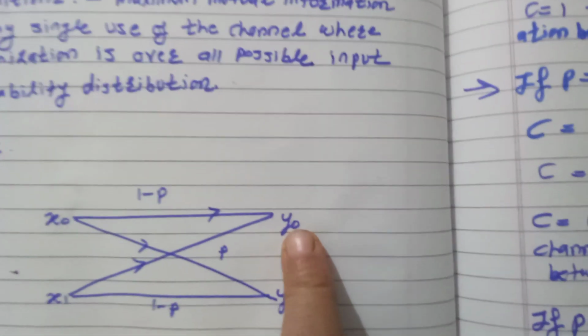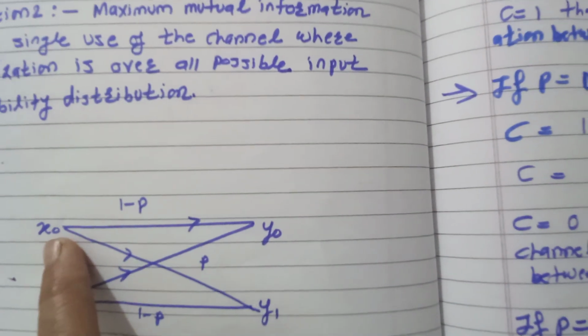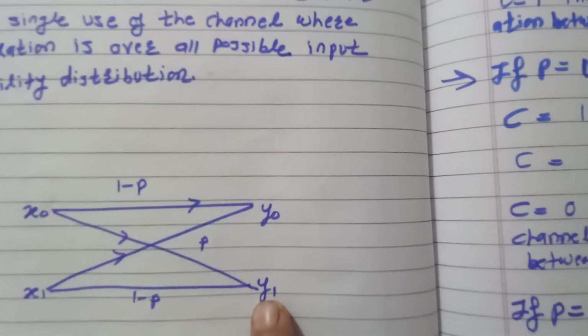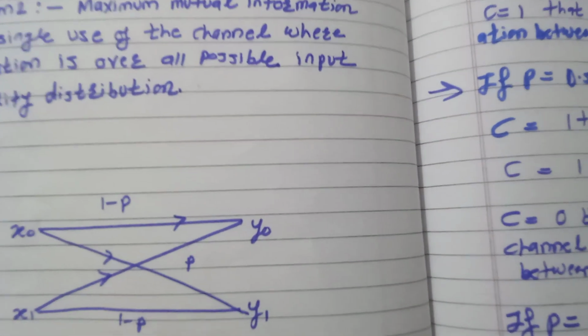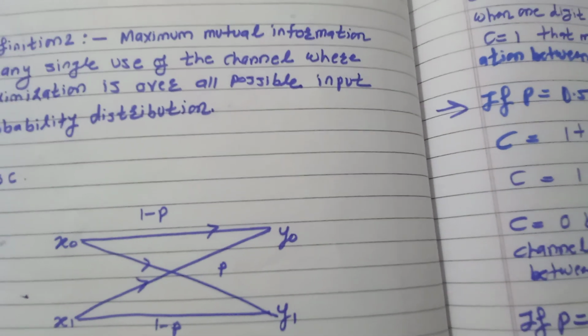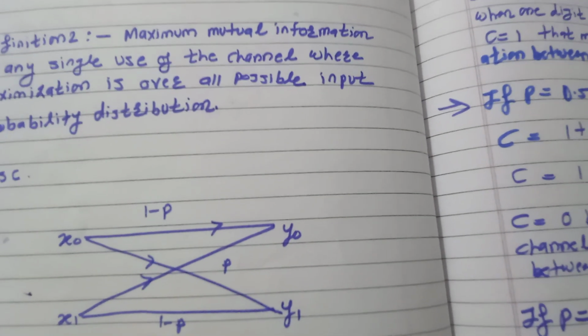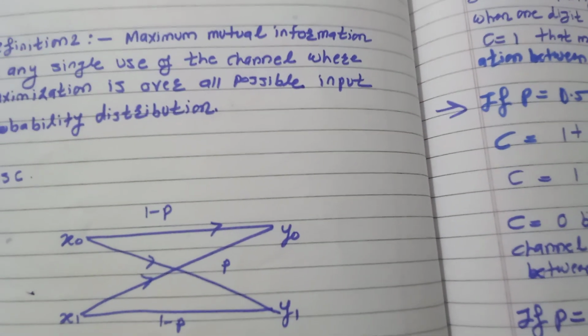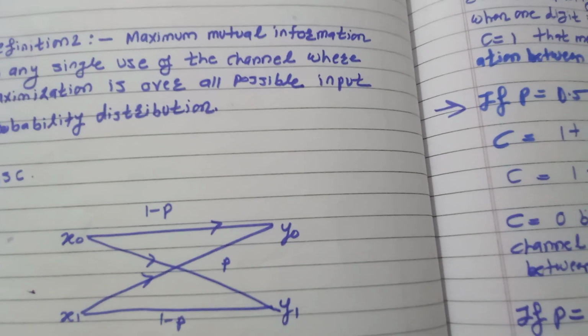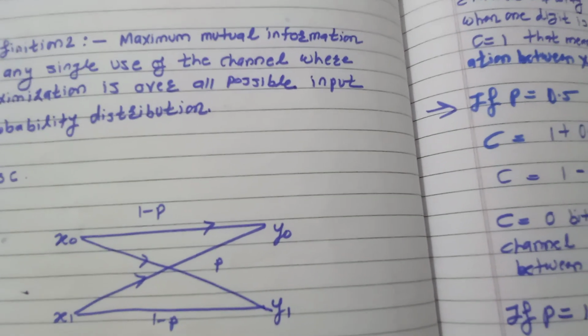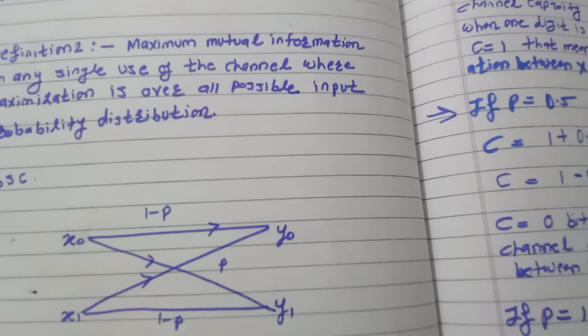That means you will get only y0 when x0 is transmitted, and you will get y1 when x1 is transmitted. If you have sent 0, you will get 0 only. If you have sent 1, you will get 1 only. There is no case that you have sent 0 and you are getting 1, or you have sent 1 and you are getting 0. That means error is not there. So P equal to 0.